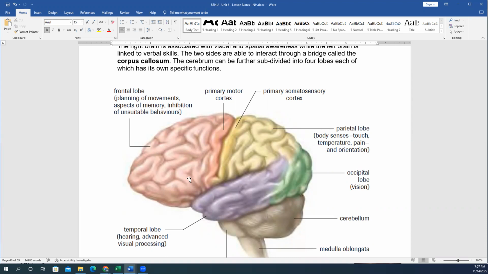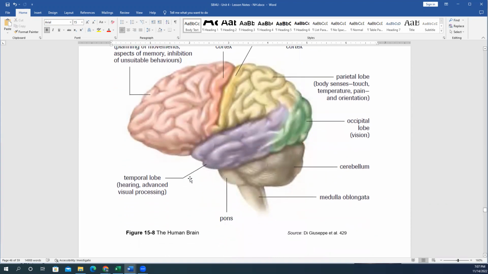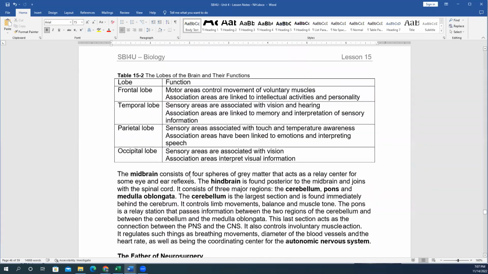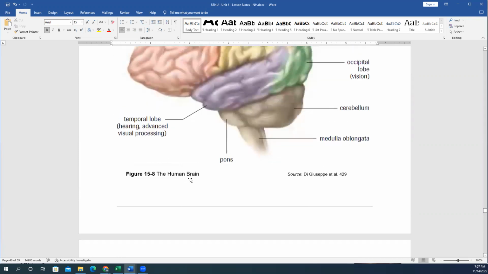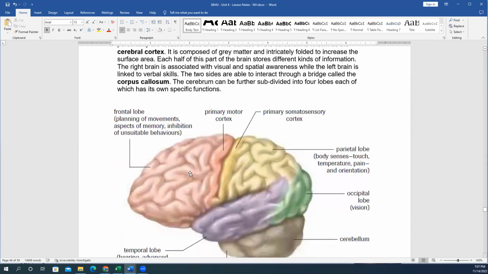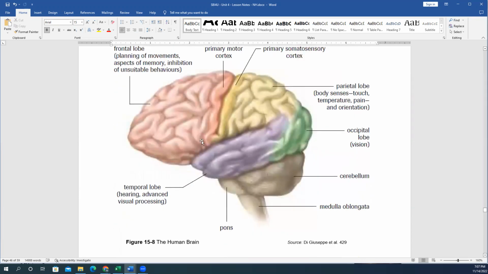And then the two sides are really able to interact through a bridge that connects the two halves. And that bridge is called the corpus callosum. I don't have a picture of it here, but there is a connection in the middle between the two halves of the brain.